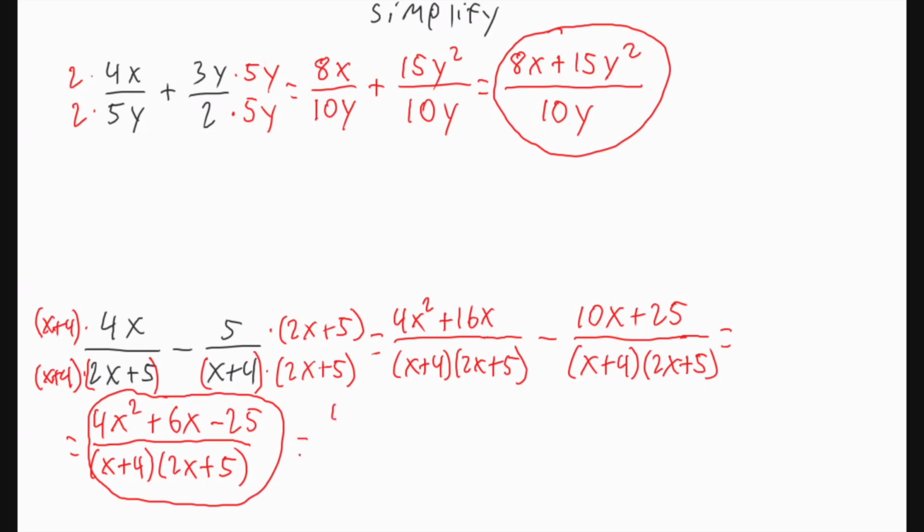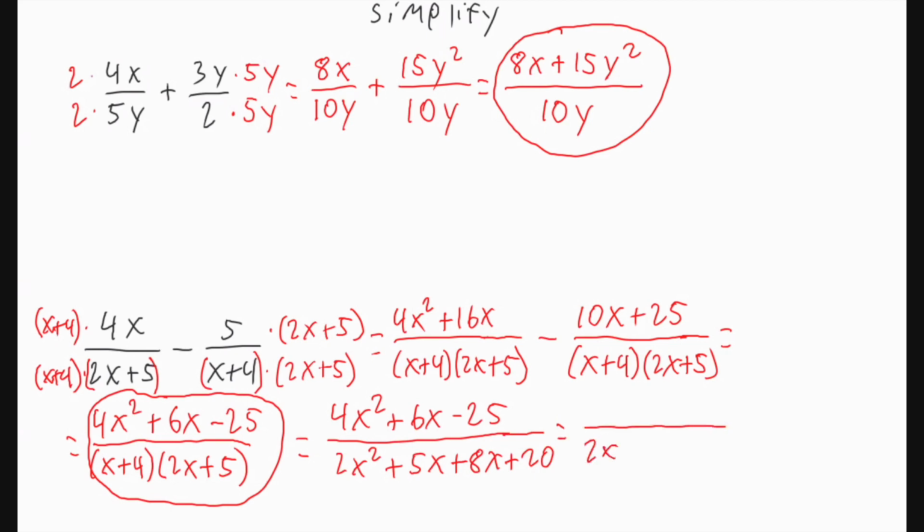So the top would stay 4x squared plus 6x minus 25, and then the bottom would end up being 2x squared plus 5x plus 8x plus 20, which would then simplify down to 2x squared plus 13x plus 20, with the numerator staying the same.